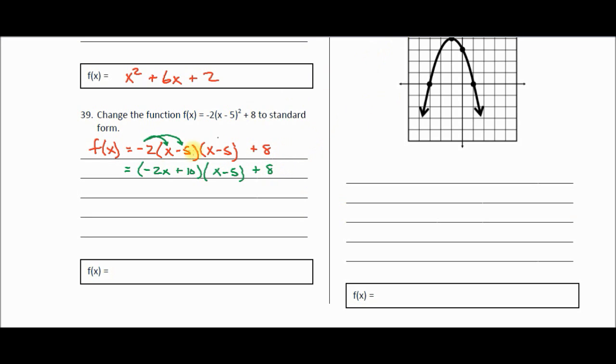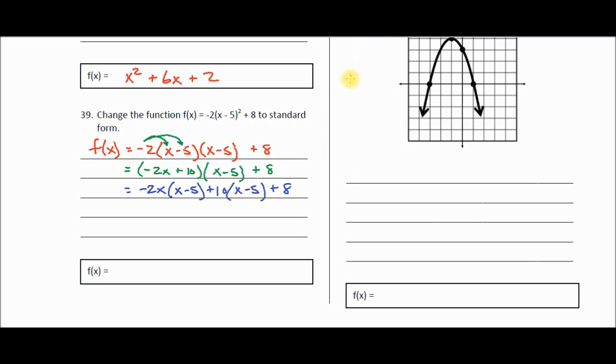Now we'll go ahead and distribute the first binomial with the second binomial. So we've got negative 2x. That's going to distribute to the x minus 5. And then we take the positive 10 and distribute that to the x minus 5. And now we have plus 8 on the end.